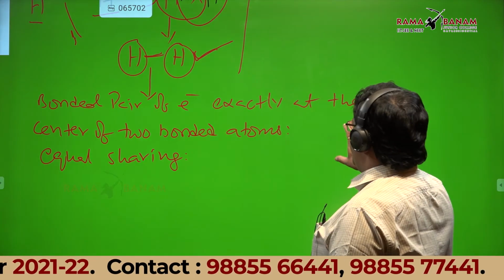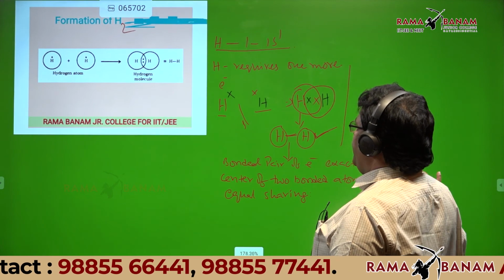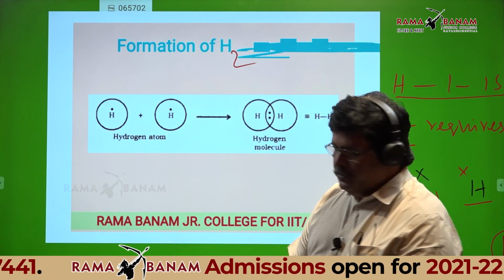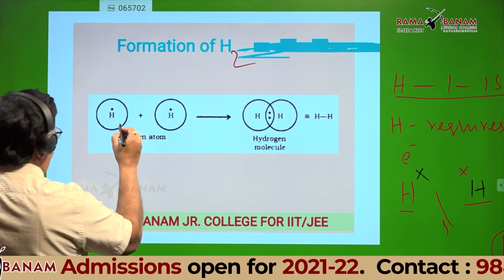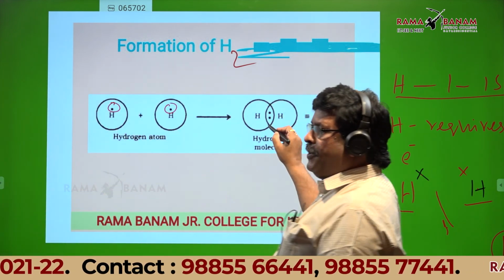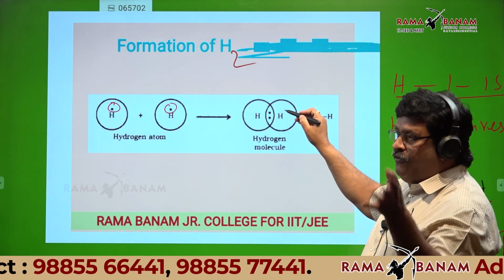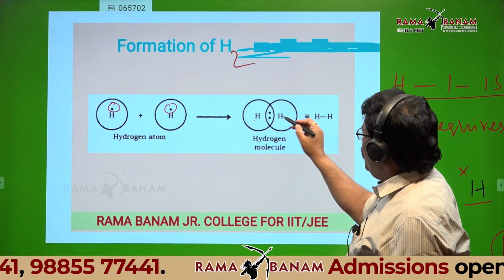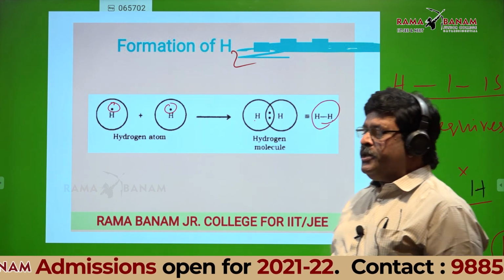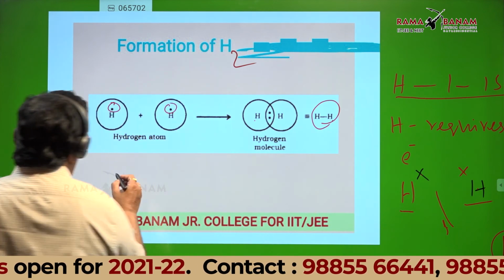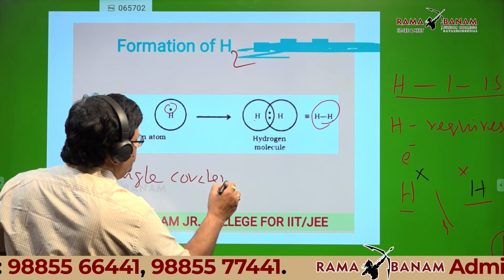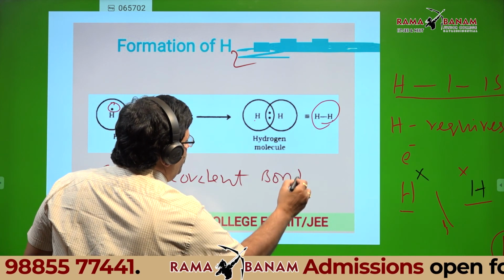Right. So this is about the H2 molecule. See, I showed in the slide, this is hydrogen with one electron, this is hydrogen with one electron, each hydrogen contributes one electron. After bond formation, these two electrons belong to both the hydrogen atoms. So two hydrogen atoms form a single covalent bond.